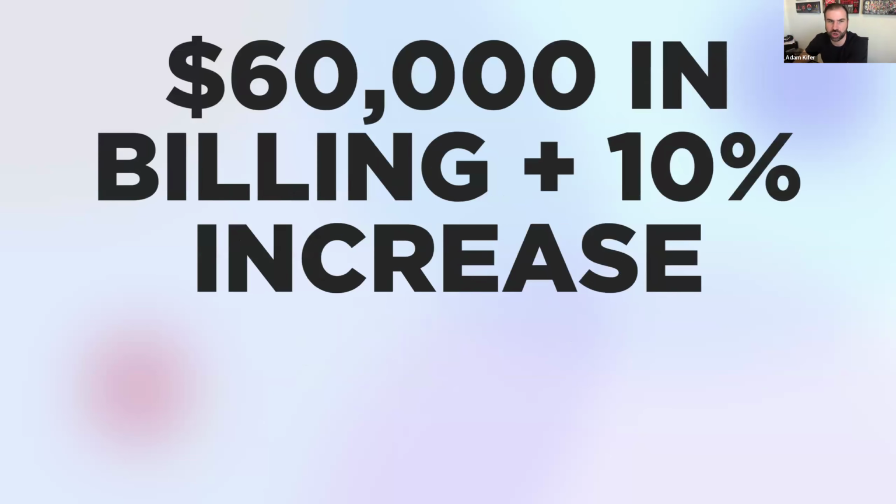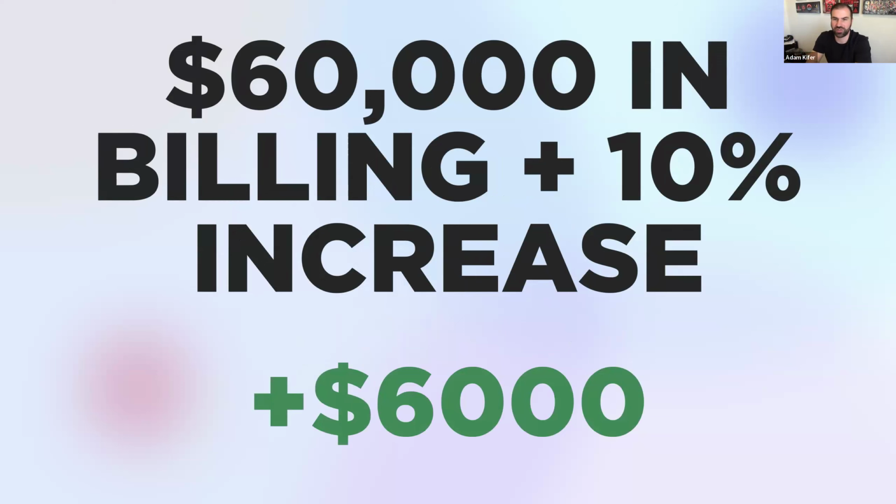Let's just show this for a second. When we did this at the time, we had $60,000 in recurring revenue for the school. We did a 10% increase across the board for our current members, which means from sending out one email, we increased our billing by $6,000. All we did was send out an email and update memberships in Spark.